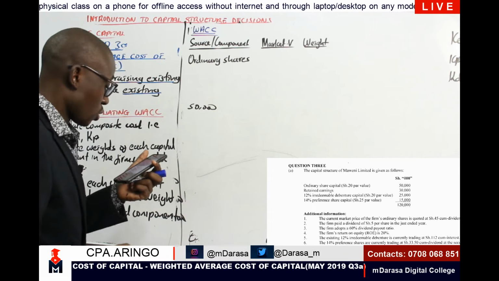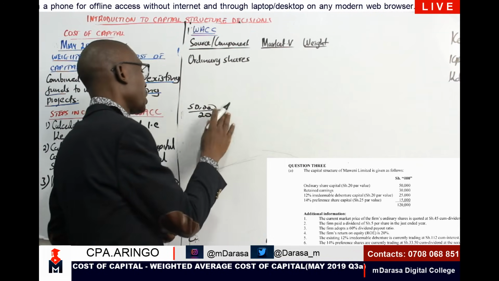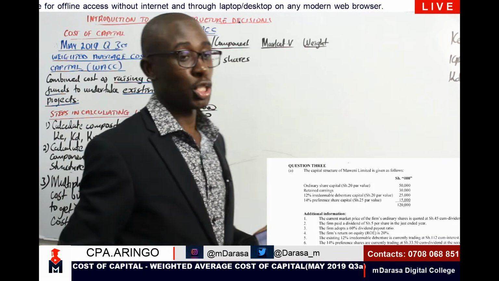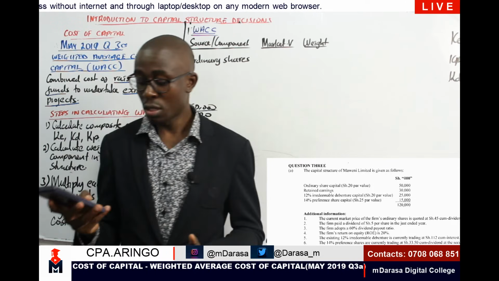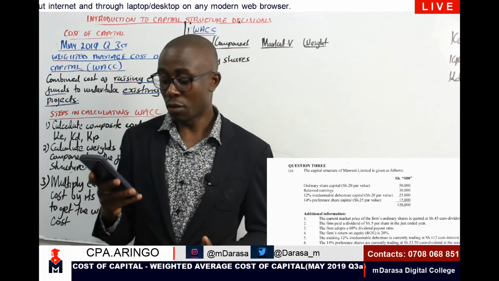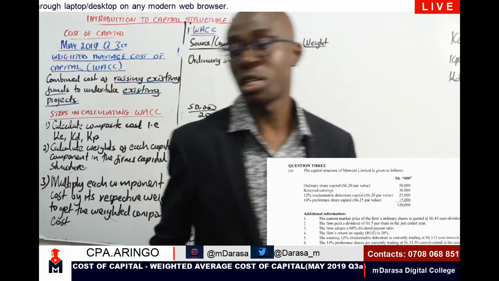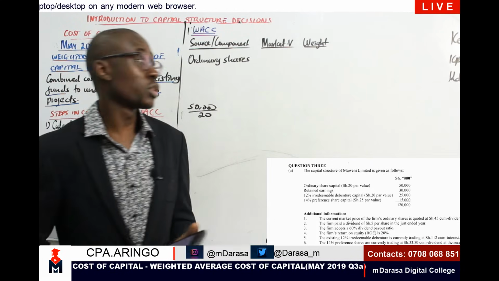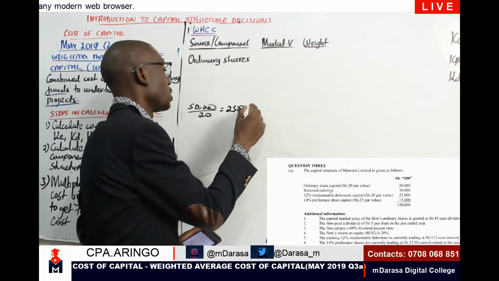Each was going for 20, meaning that should give us how many ordinary shares? 50,000 divided by 20 should give us 2,500 ordinary shares.